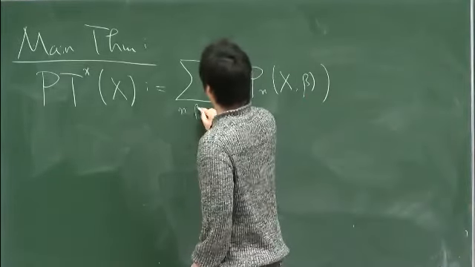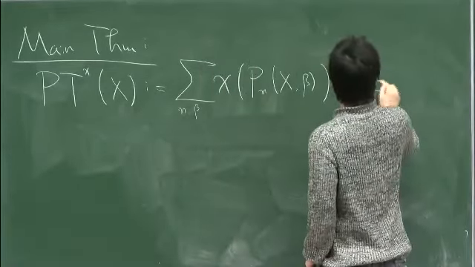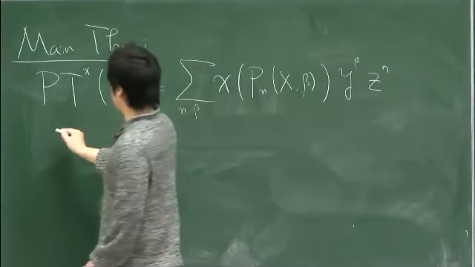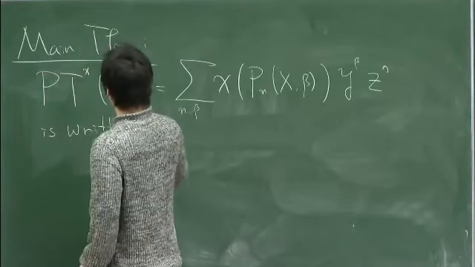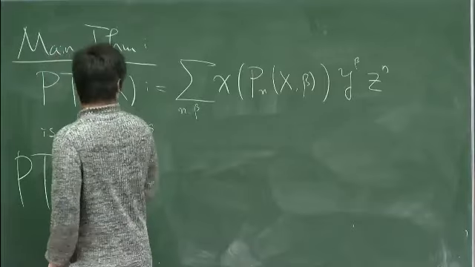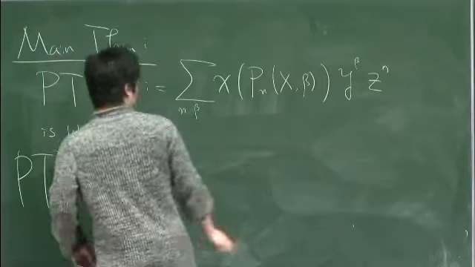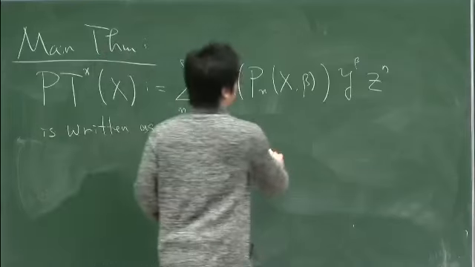So n_β and y_β and just n. Then this is written as PT_χ(X).